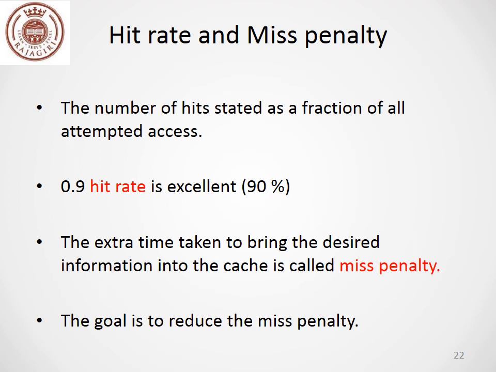That is what is known as hit rate. Whereas miss penalty can be defined as the extra time that is taken to bring the desired information into the cache if it is currently not present in the cache. That is what is known as miss penalty. And always the goal will be to increase the hit rate and decrease the miss penalty.